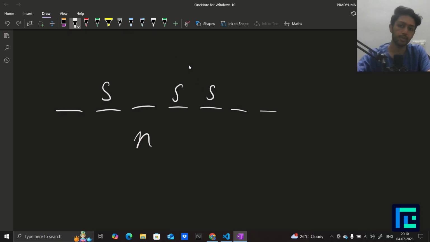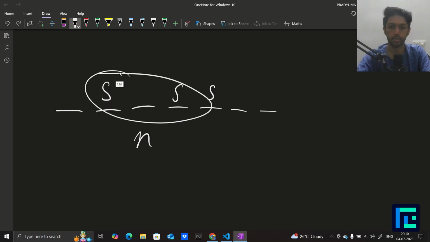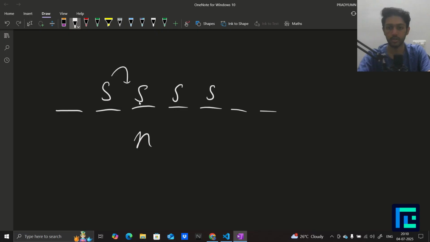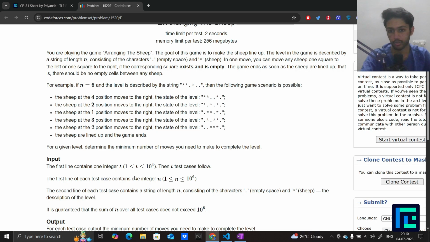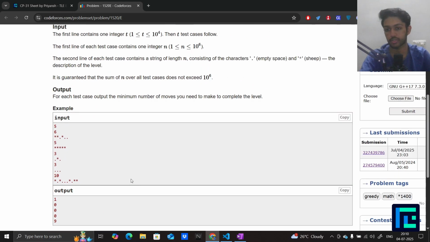And you have to do some moves, that is either move it to the left or to the right, so that finally all of the sheep are together, there are no gaps. So in this case you can just move one sheep here, and as you can see these three are in line. So in this case the answer would be 1, right? So yeah, the problem is pretty simple to state.